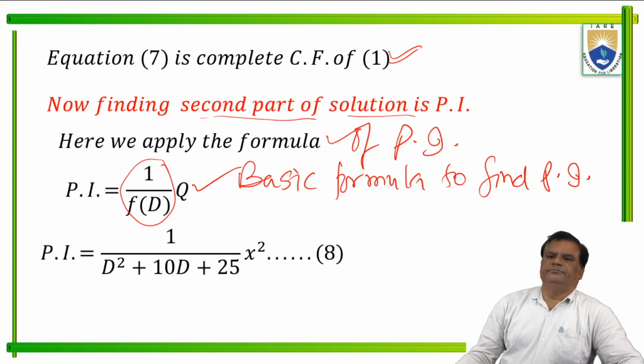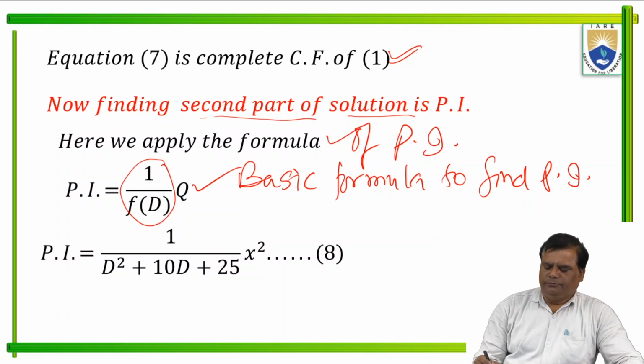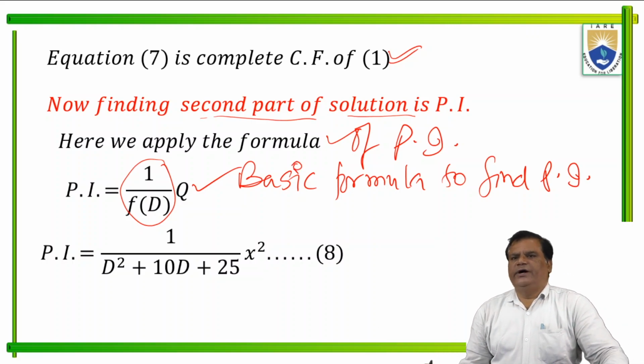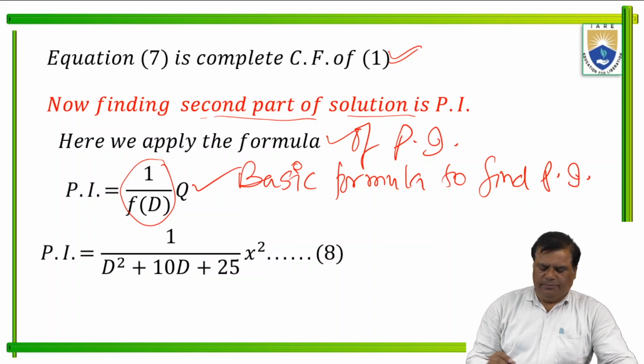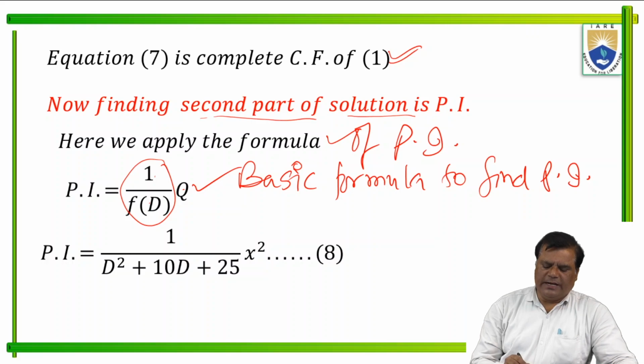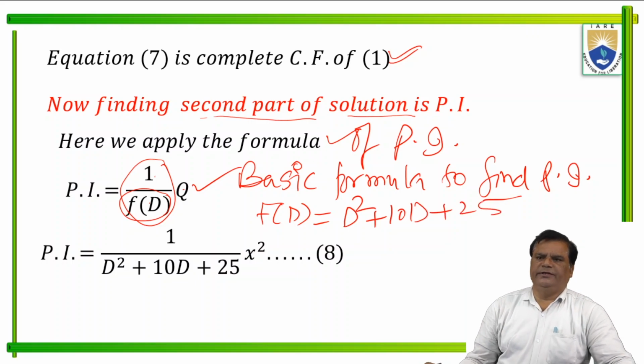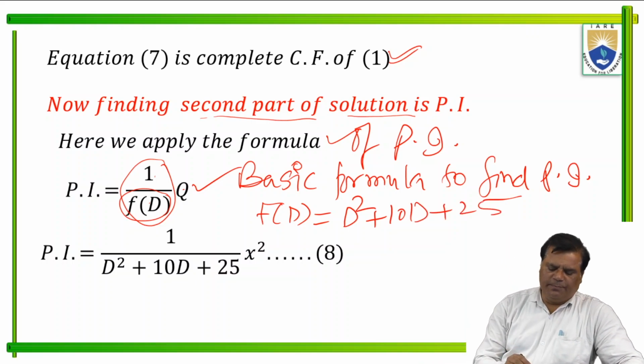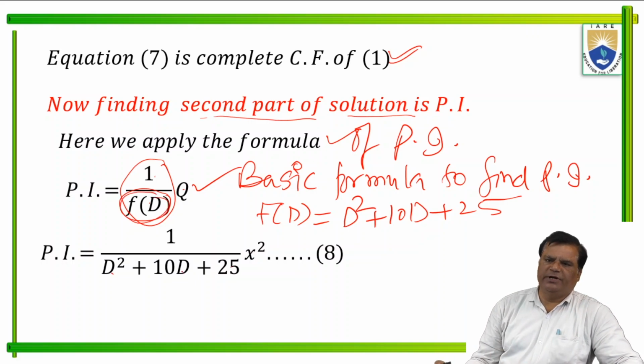But what is FD in our question? Here FD is D square plus 10D plus 25. So putting the value of FD here, 1 upon D square plus 10D plus 25.